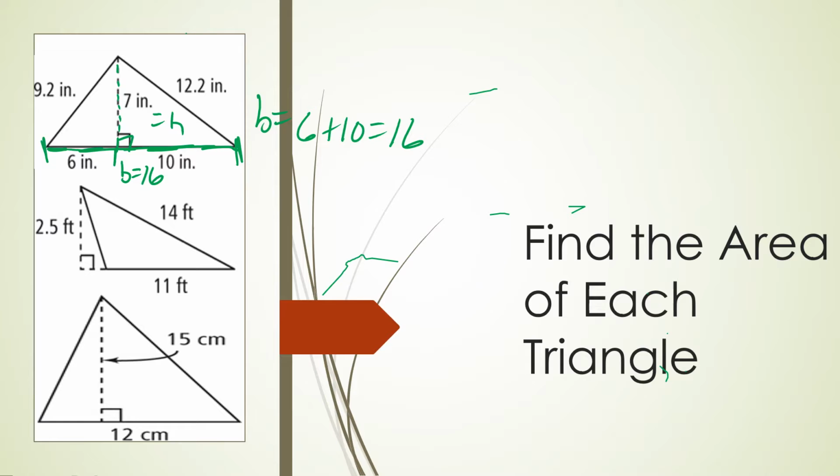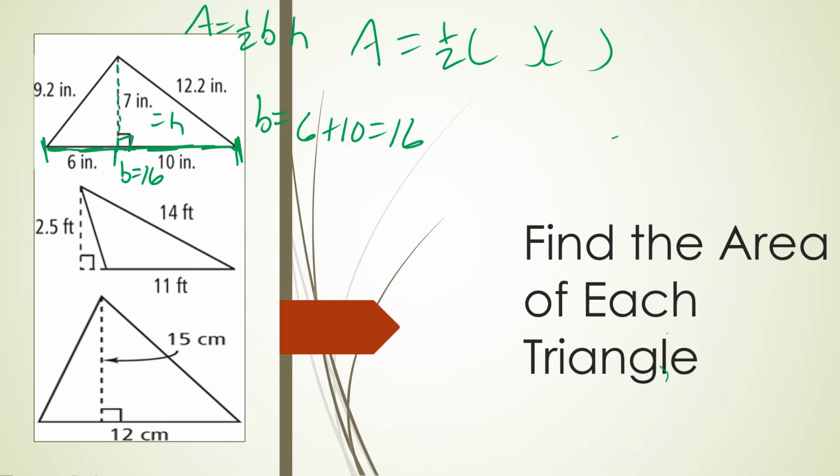All right, so again, we have that the area is equal to 1/2 base times height. All we have to do is come in and fill it in. For all of these, we'll be looking for the area. That's what it says: find the area of each triangle. So that's 1/2 whatever my base is times whatever my height is.